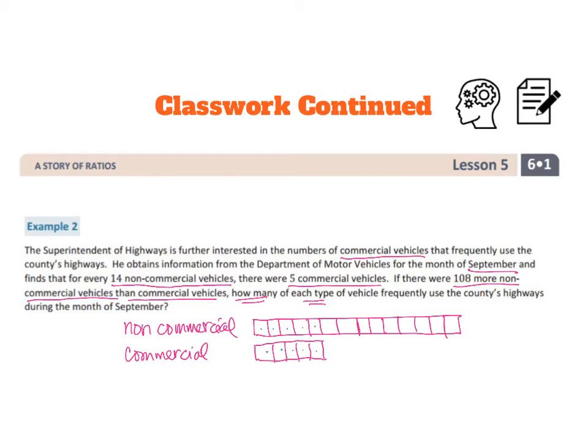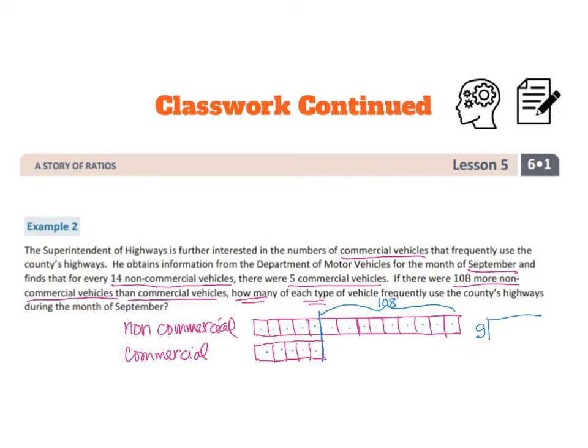So those are the same. So when it's talking about more than, there's my more than. It's the part that extends beyond the commercial. If I were right here, those are equal. So this is telling me this is 108 more non-commercial.